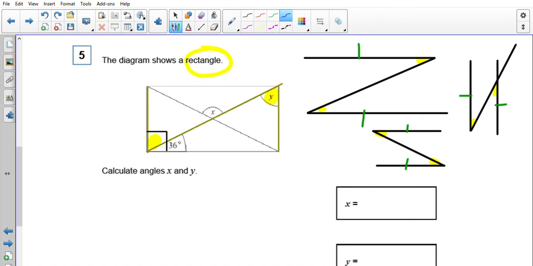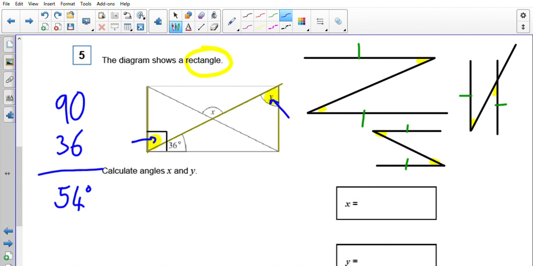If I've got a 90 degree angle here, but I've already used 36 degrees of it, whatever this angle here is, is whatever is left. Okay, that gives me my 54 degrees. 54 plus 36 makes 90. Using my knowledge of Z angles, if this one is 54, it means that Y is 54 too.